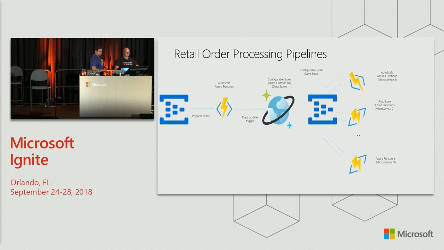That's how they do it. They scale Cosmos DB, they scale their event hubs, functions auto-scale, so it's an easy way for them to build a sort of loosely coupled 12-factor cloud-native application using completely built-in Azure tools.